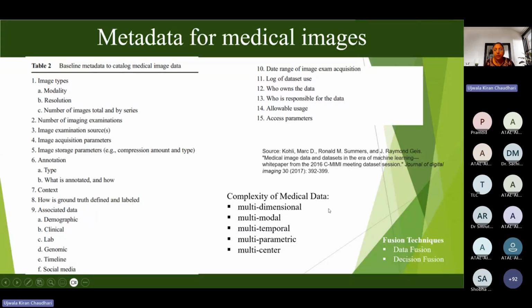Of course, medical data is really very complex because it's multidimensional. Even with a CT scan, depending on how much has been captured for each patient, the data can go up to 1 or 2 GB for one patient.